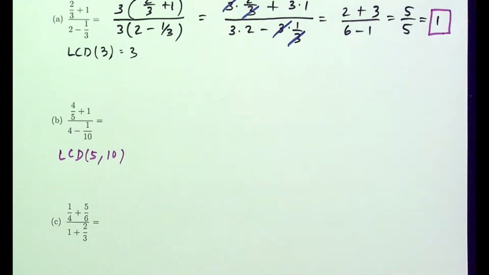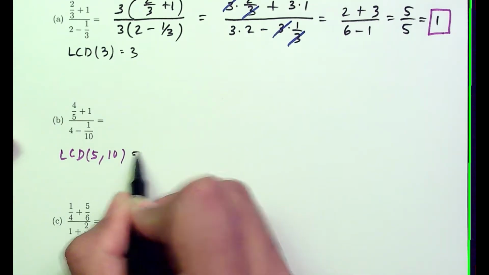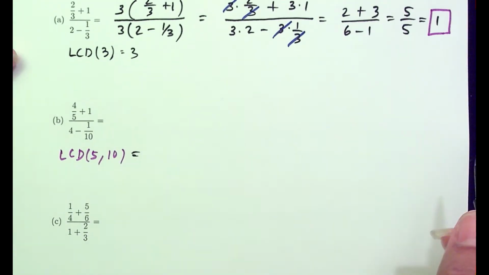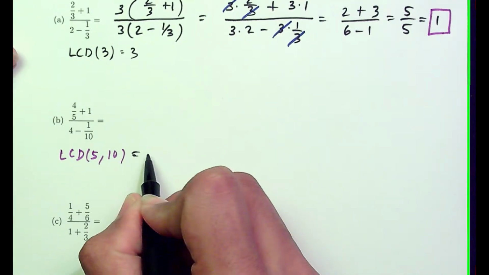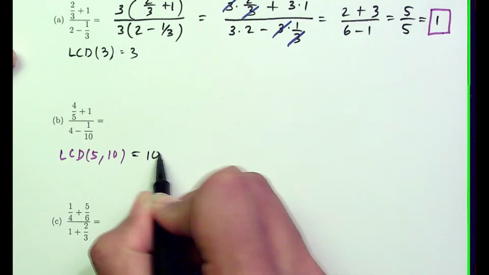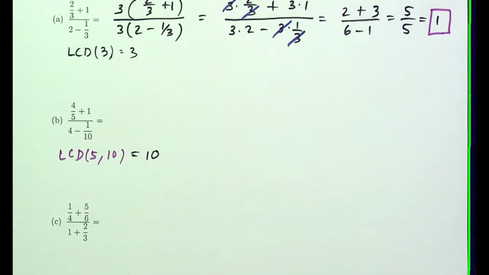So what is the LCD of 5 and 10, the least common denominator, or the least common multiple technically? The least common multiple of 5 and 10 would be 10, right? The smallest number that contains both as a factor.